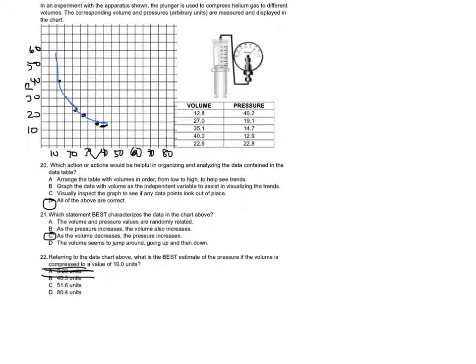All right, so if we look at the curve that we have drawn on this graph, you can see that it is much closer to the 51.6 than it is to the 80.4.